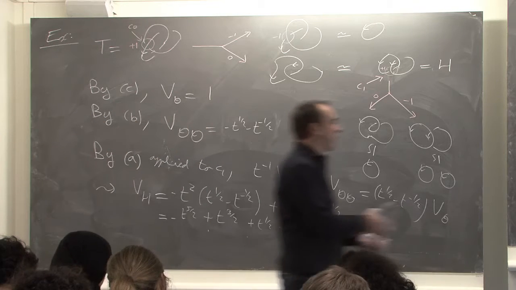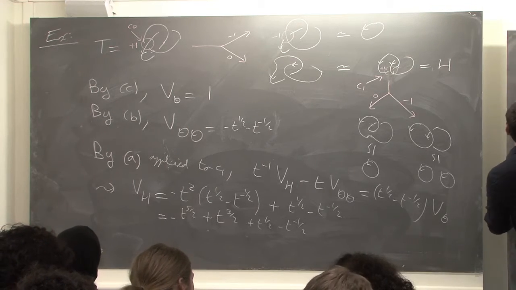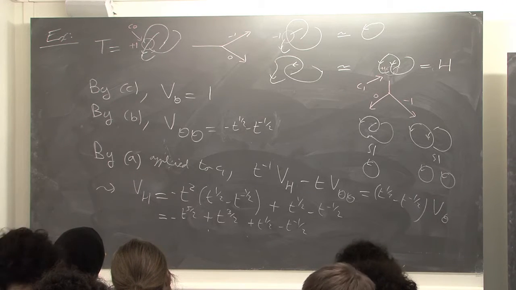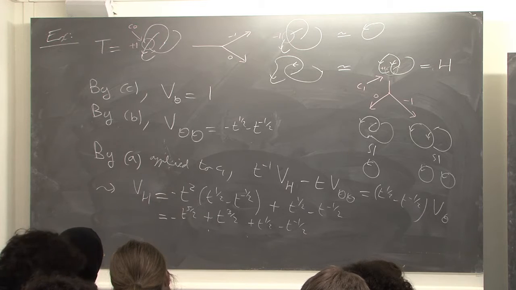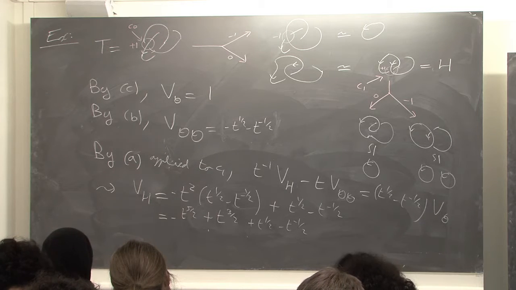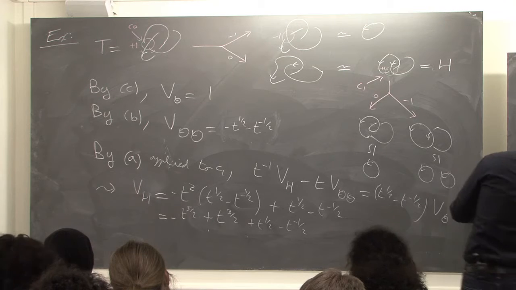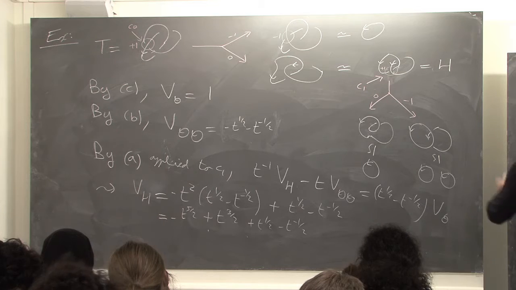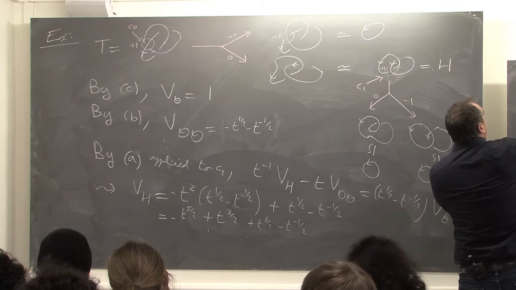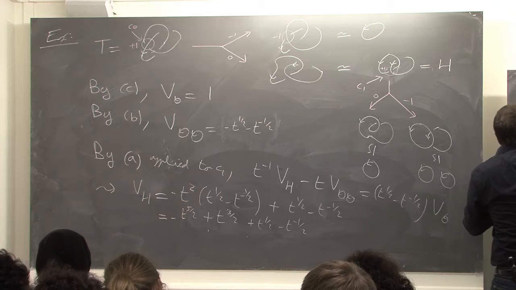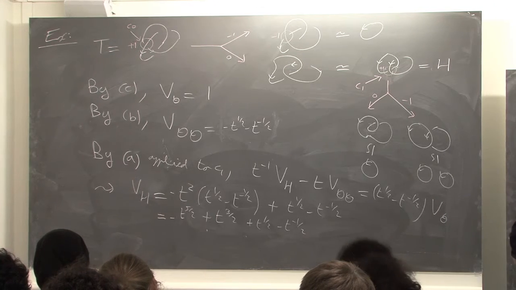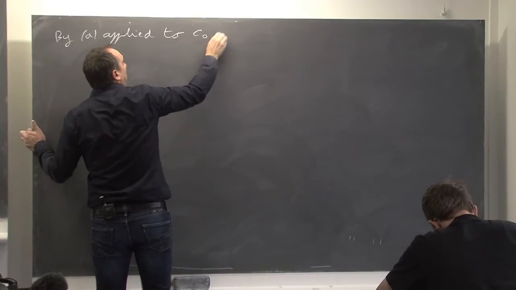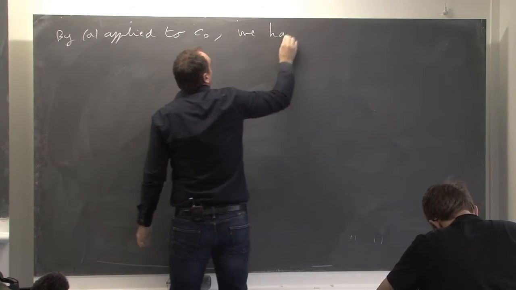And finally, if we again apply the skein relation A to the crossing I call C0, what do we have?